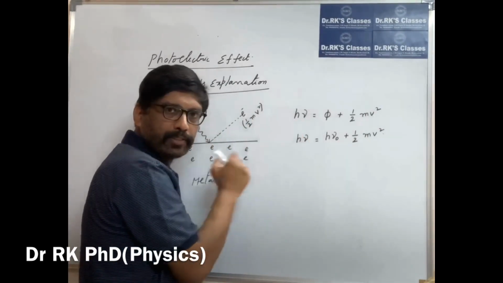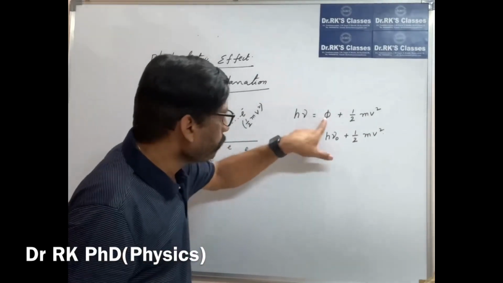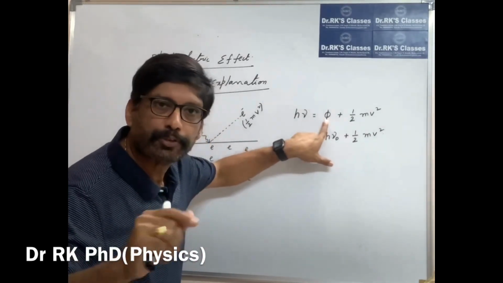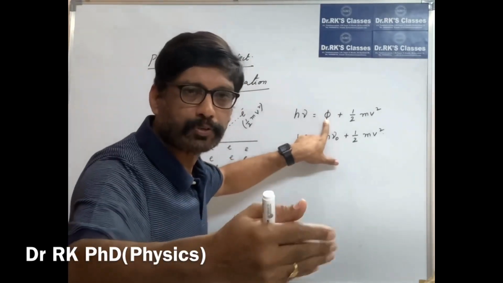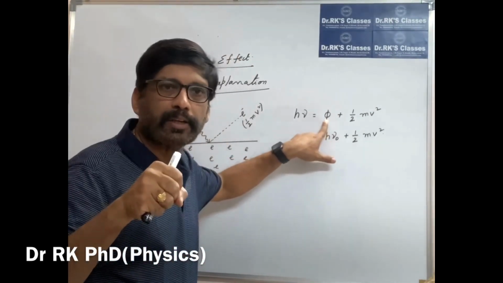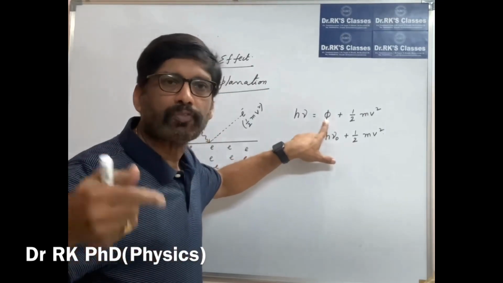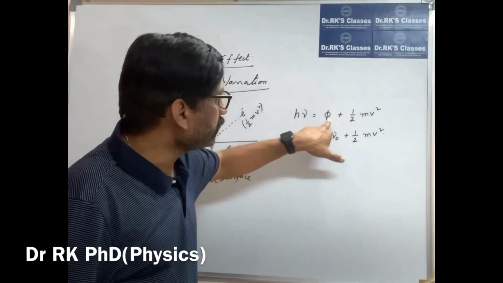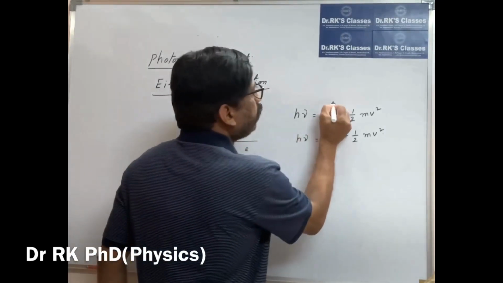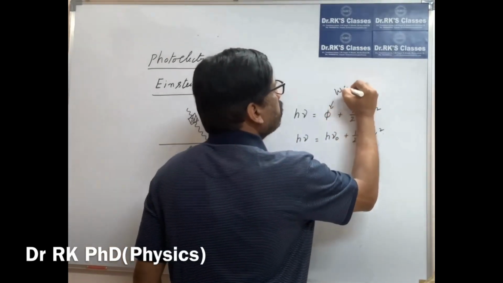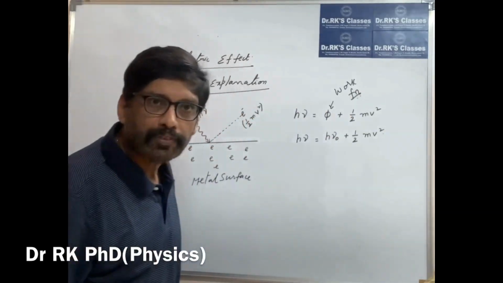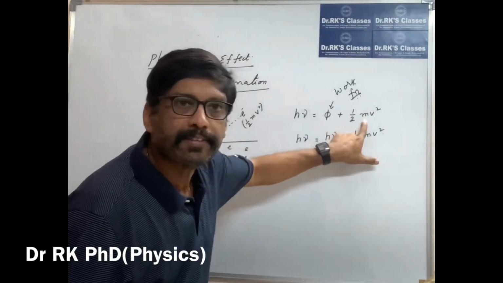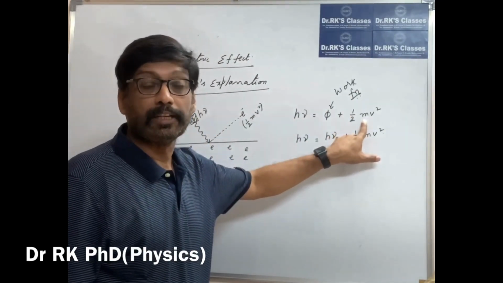When the electron absorbs a photon, part of the photon energy is used to come out of the metal surface. The amount of energy required to remove the electron from the metal surface is called the work function, phi, which depends on the nature of the metal surface. The remaining energy is in the form of kinetic energy.